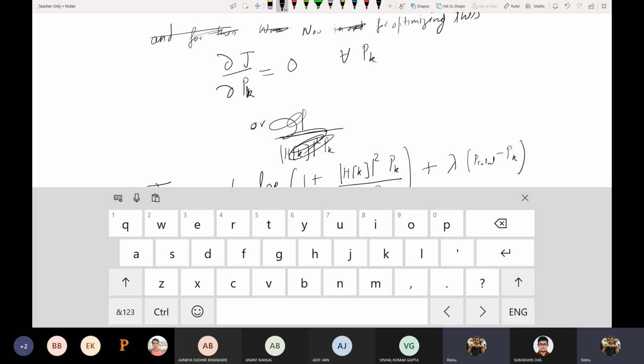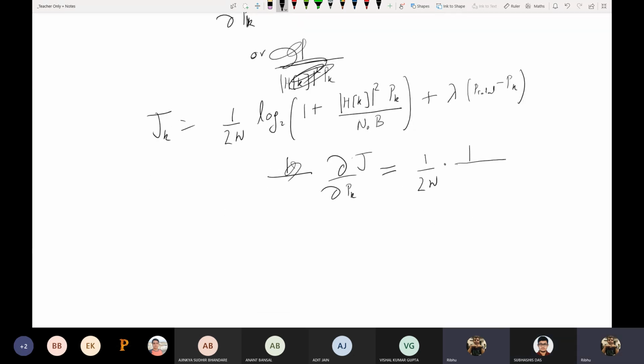Just checking, the derivative of log of 1 plus x is the same as the derivative of log of x, right? Yes. But in the denominator we'll be getting 1 plus x. Yes, you will be getting 1 plus x, exactly, times this because of the chain rule.